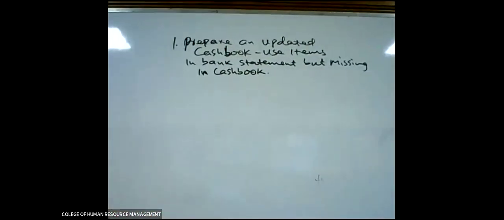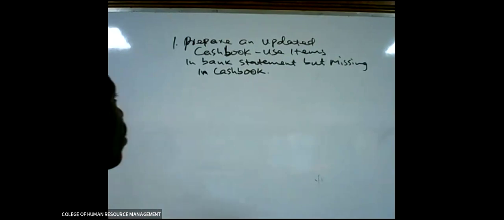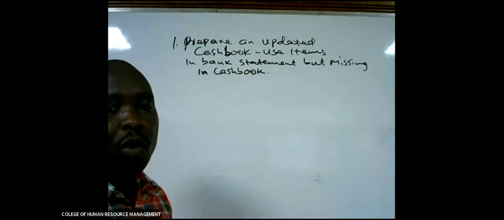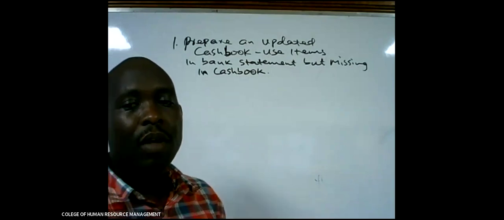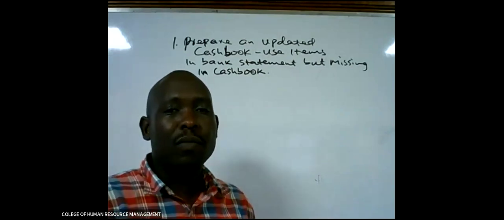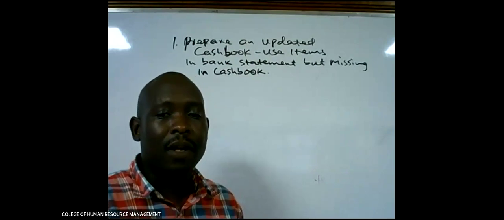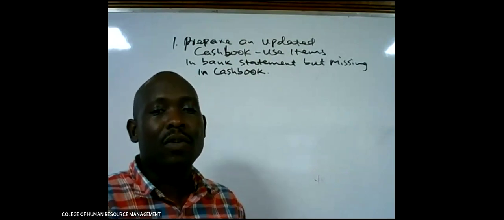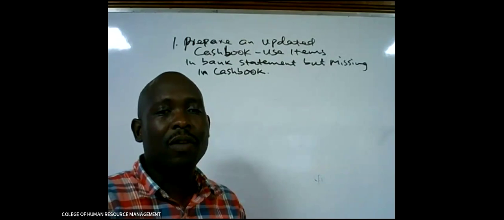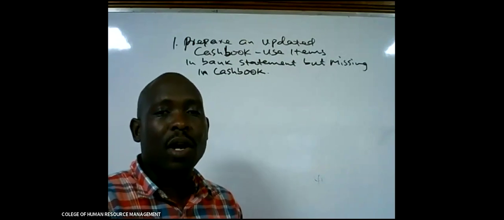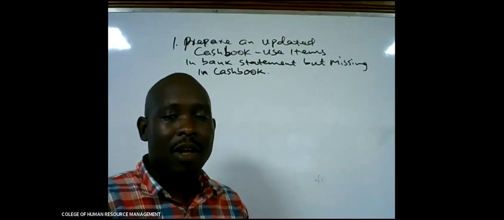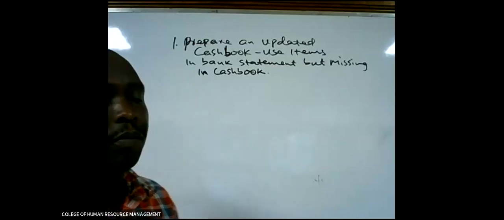That is how you prepare your updated cash book. Those items that were never recorded in the cash book from the word go, and they were supposed to be there. You never recorded them simply because you were not aware that they happened. After receiving the bank statement, you are now aware that they took place, and therefore you update your cash book to get the correct balance from that.